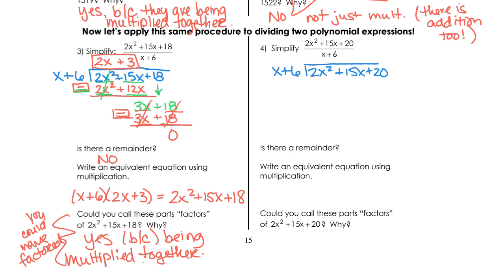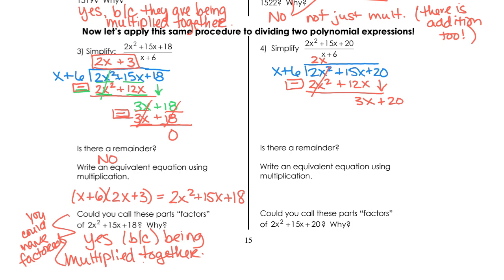So remember, we're just focusing on x going into 2x squared, which is 2x times. So that 2x times x is 2x squared, and 2x times 6 is 12x. We're going to put our minus sign out in front here, and we're going to subtract every time we go down. So 2x squared minus 2x squared cancel. 15x minus 12x is 3x. We're going to bring down our positive 20.